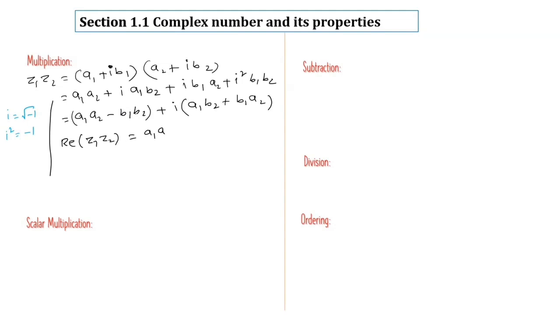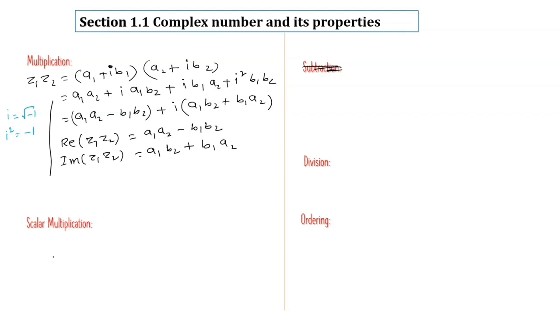Therefore, real part of z1 z2 is equal a1 a2 minus b1 b2, and imaginary part of z1 multiplies z2 is equal a1 b2 plus b1 a2.